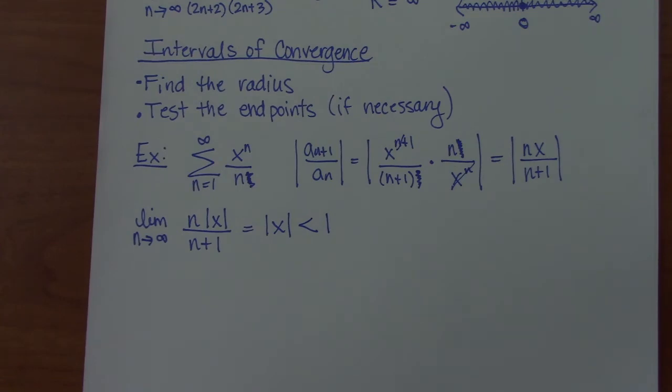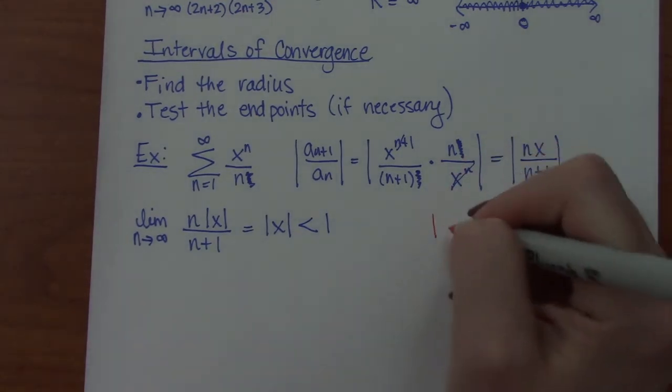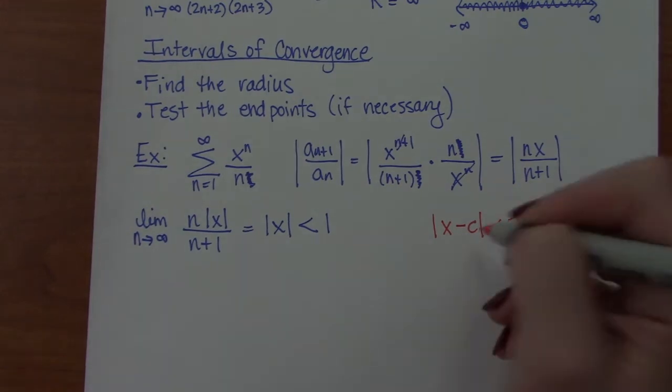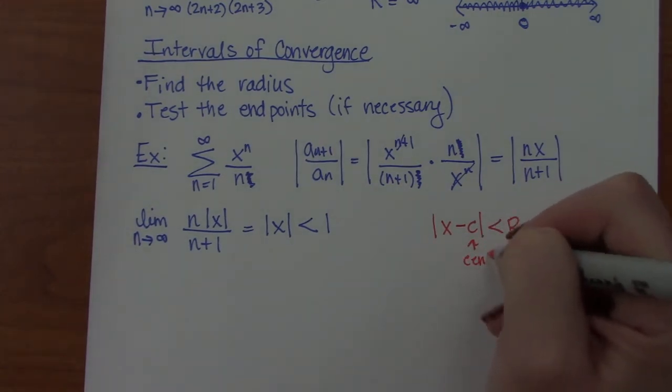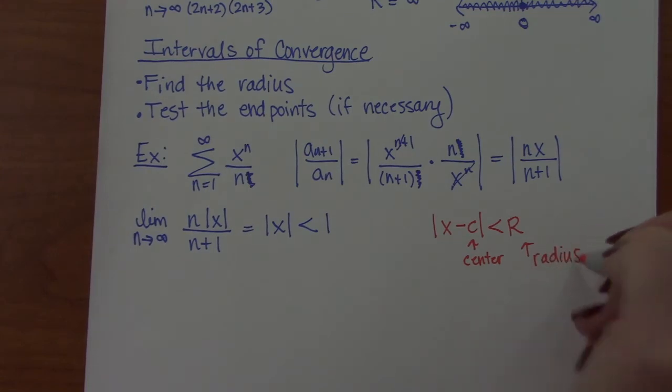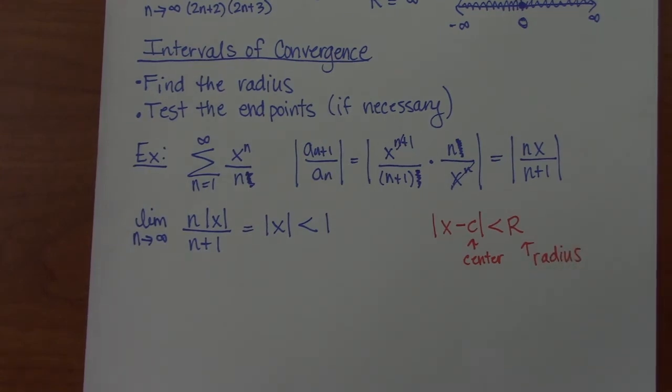The theorem says, well, if you get an inequality of the form absolute value of x minus c is less than r, then you're allowed to say, well, there's our center and there's our radius, right? So I actually know this thing was centered around 0, because x minus 0 is just x, and r is 1, because that's the form of the theorem.